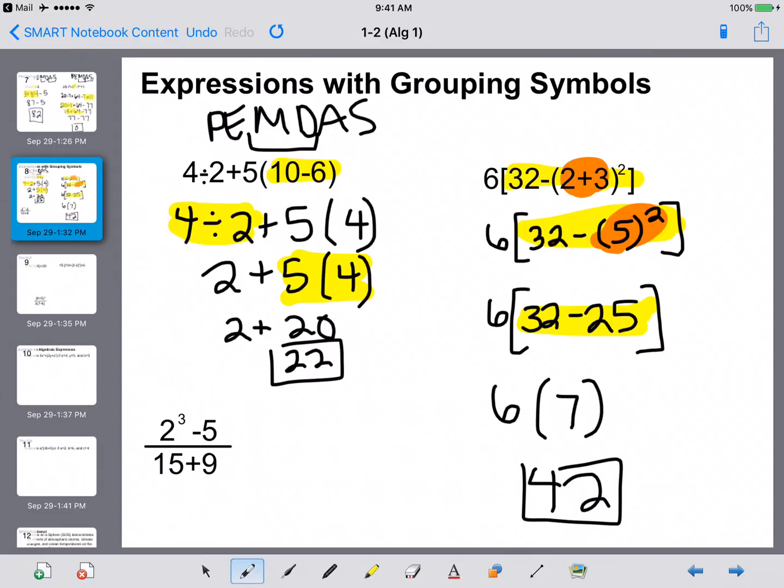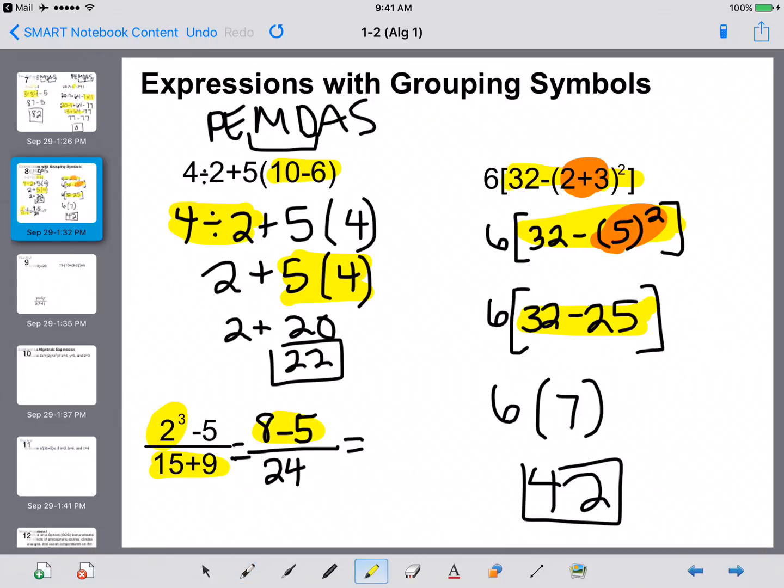So 2 cubed is our first step. 2 cubed is 2 times 2 times 2. So that would be 8 minus 5 over. Our denominator is like a parenthesis 2. We just do 15 plus 9 to get us 24.